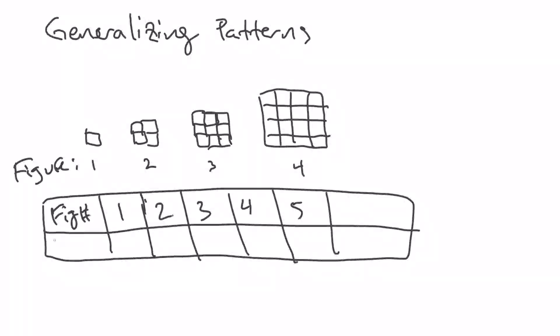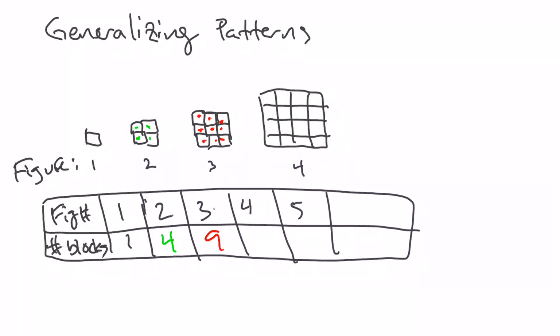And then we'll say here number of blocks, right? And so here we had 1 block. And then if you were to count 1, 2, 3, 4, you would have 4 blocks. And then here you have 1, 2, 3, 4, 5, 6, 7, 8, 9. Get 9 blocks. And so what you want to do is try to recognize a pattern.